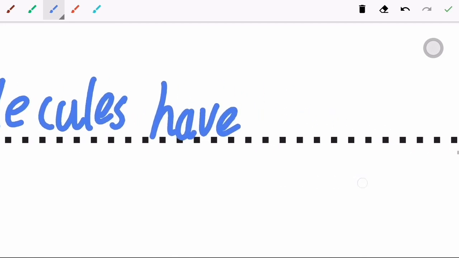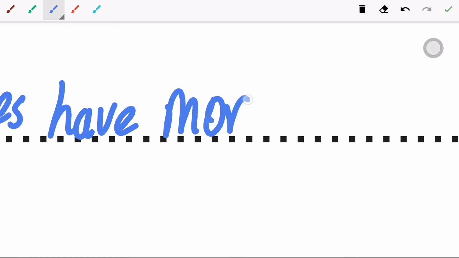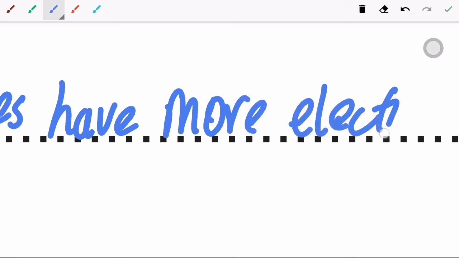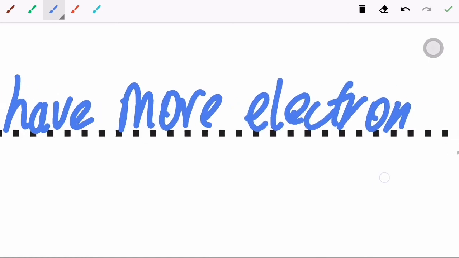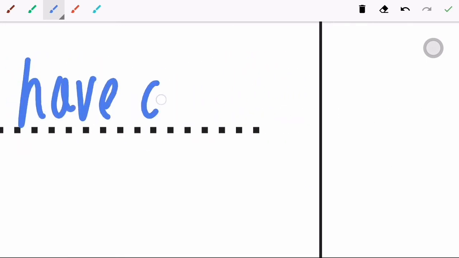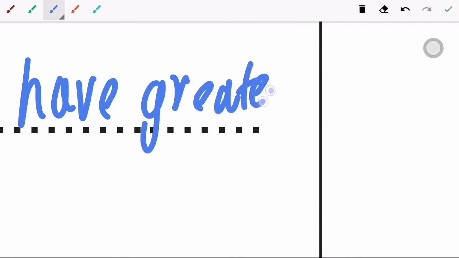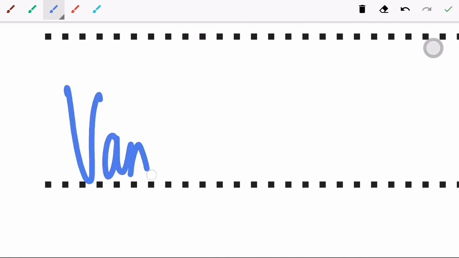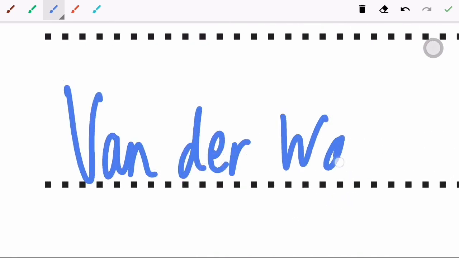They have greater van der Waals forces. The trick here is that you know it is van der Waals forces.